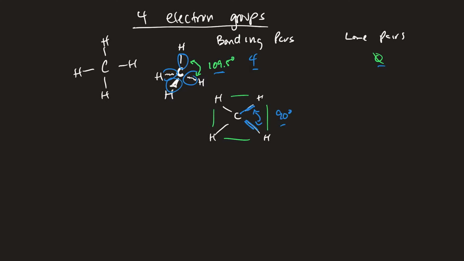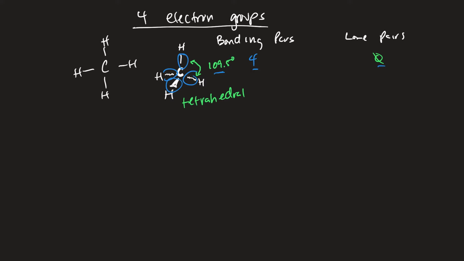So this is the reason why it doesn't take this geometrical shape, because remember, electrons try to be away from each other as much as possible. This is the reason why it picks up this shape, and we call this shape tetrahedral. So we said the molecule has a tetrahedral shape.